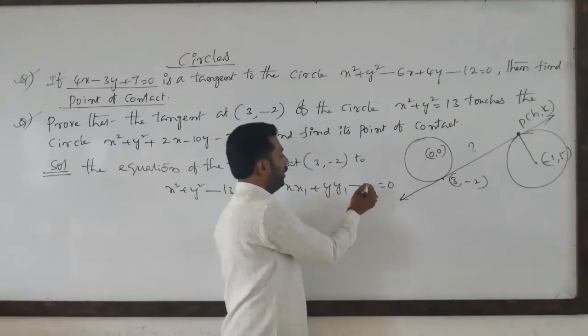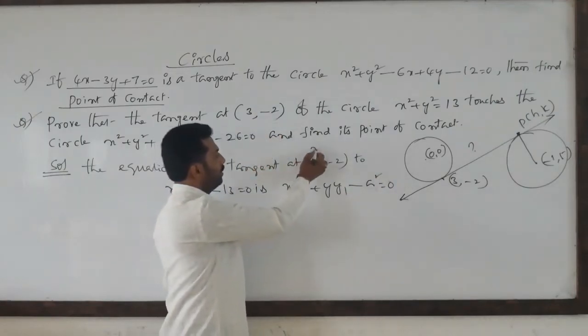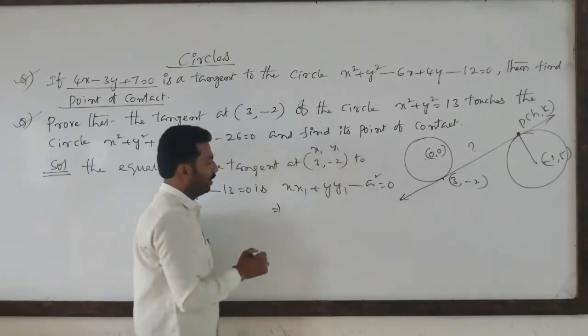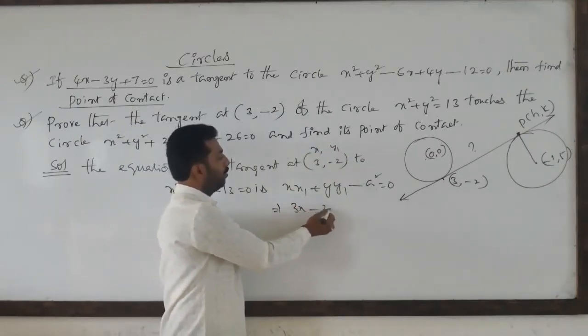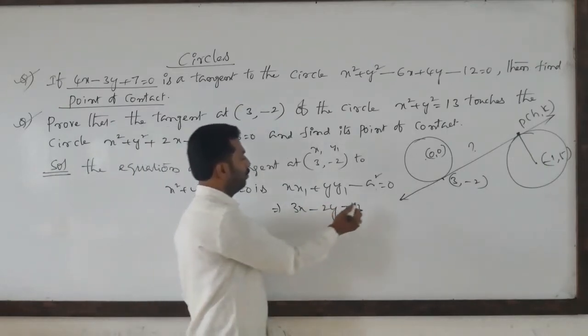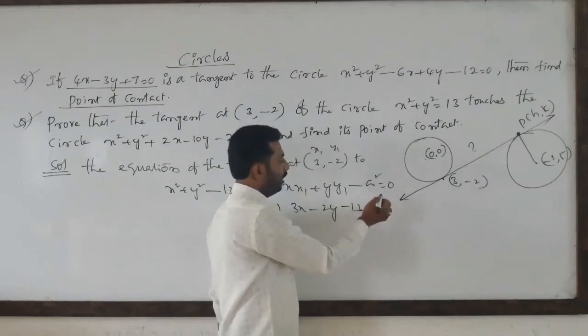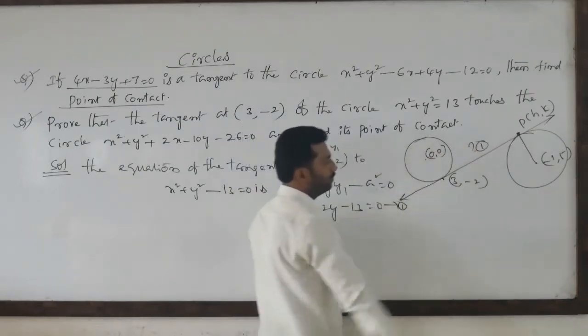If you want to write a square also, you observe this is x1 y1, x1 means 3, so 3x minus 2y minus 13 equal to 0. This is the equation of the tangent. Let it be equation 1.